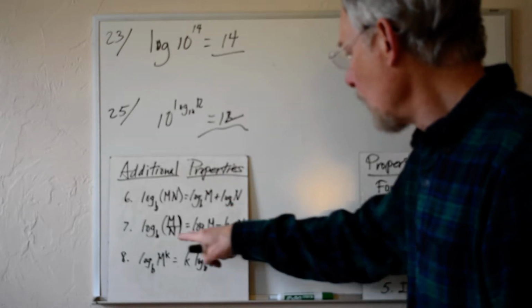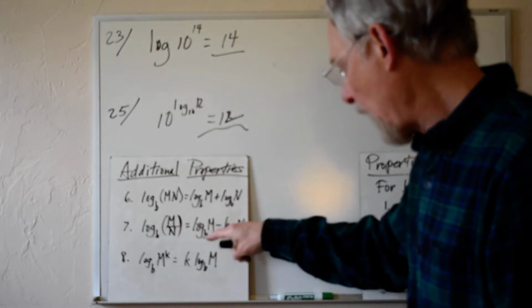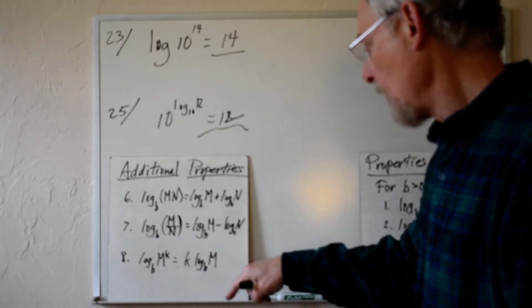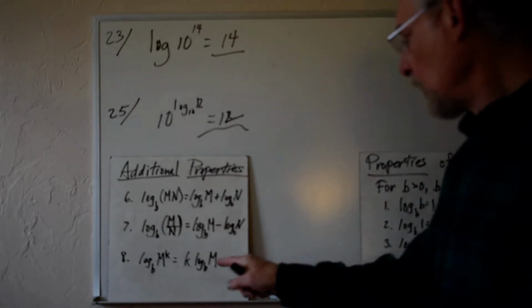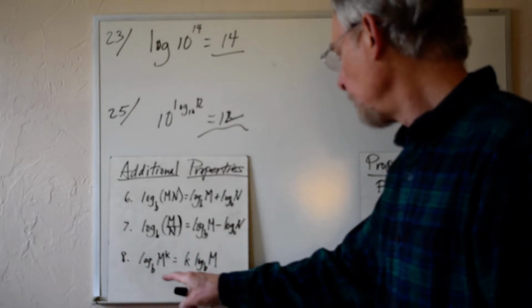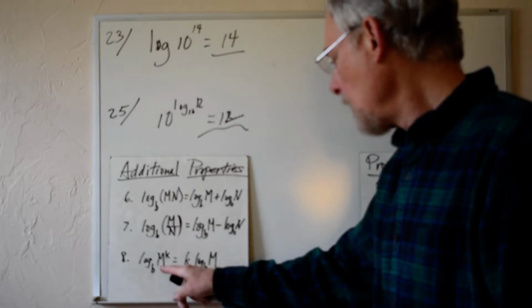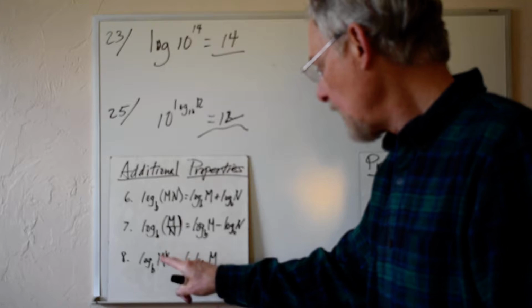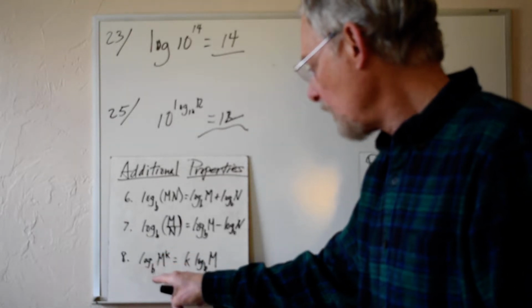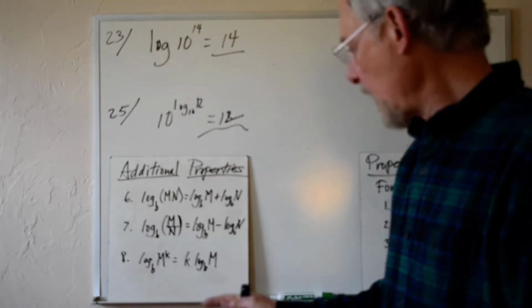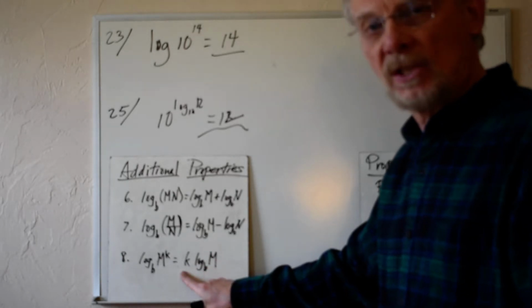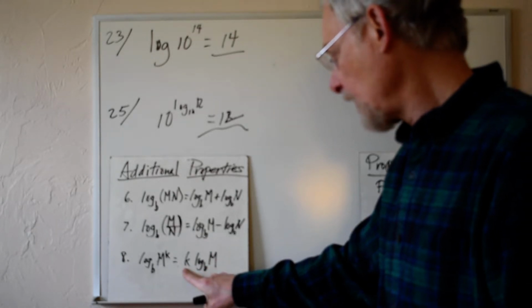And the log of the denominator is being subtracted from the log of the numerator. Finally, this one comes in handy all the time. If you have some quantity m to the power k, and you want to take the log of that, if you feel like it, you could just move that k outside just like that. That is a true fact.